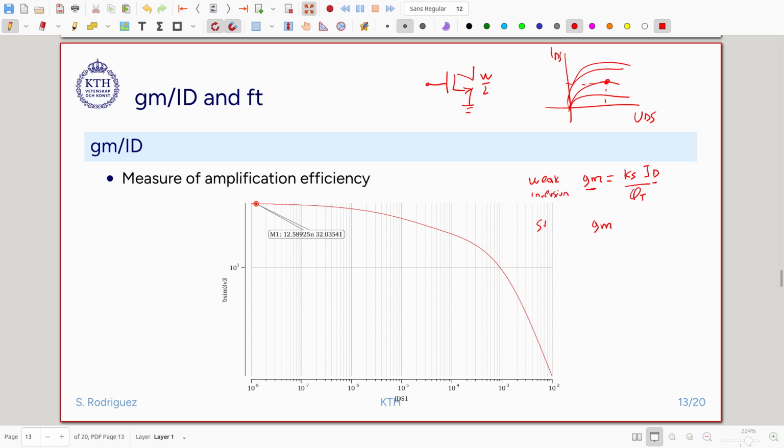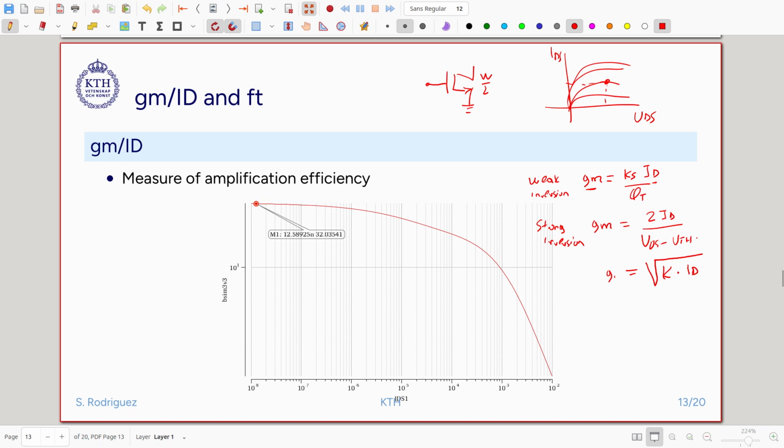In strong inversion, the transconductance is equal to 2ID divided by VGS minus VTH. This is one of the equations that we have, but we also have another equation in which we have some factor that depends on the sizes and the mobility, multiplied by ID.